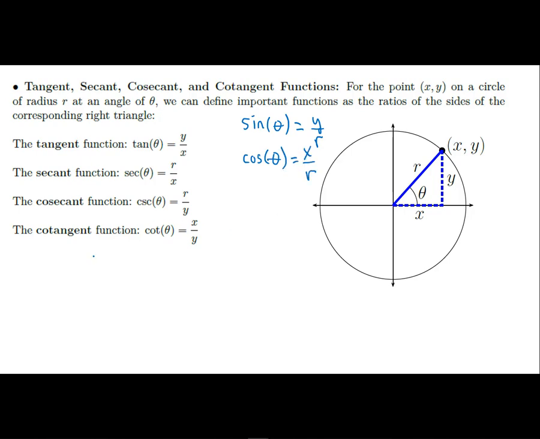So we define these other trigonometric functions in similar ways. So the tangent is going to be the ratio of the y value of the point to its x value. The secant is going to be the ratio of the radius divided by the x value. The cosecant is going to be the quotient of the radius over the y value, and the cotangent is going to be the x value divided by the y value.